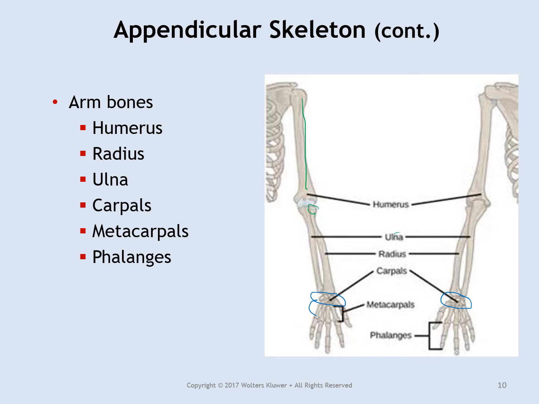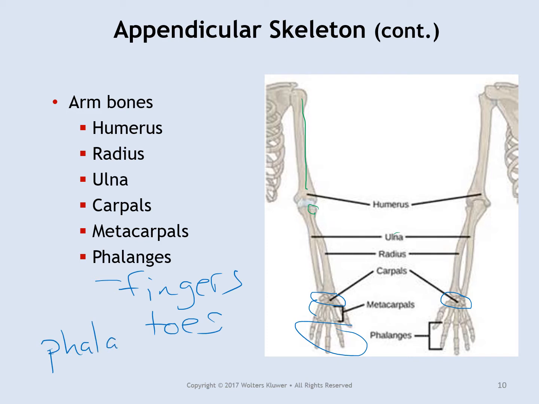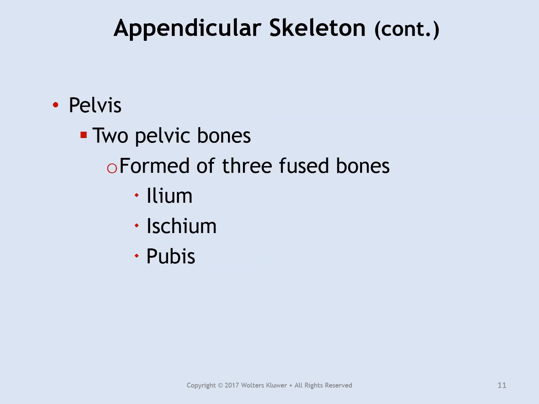The bones that you feel there are your metacarpals. And then the bones of your fingers are your phalanges. Your phalanges are both your fingers and your toes. One is called a phalanx. So poke somebody with a phalanx and see what that does.